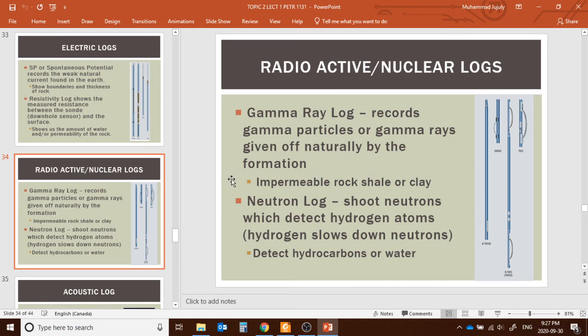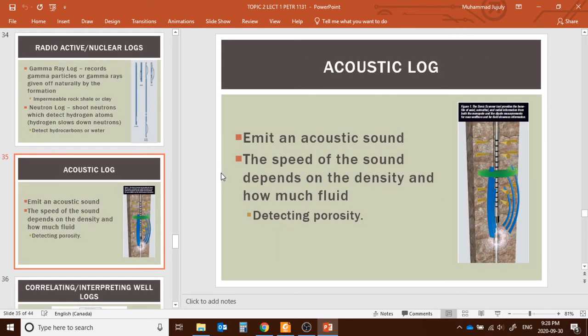What it does is shoot neutrons to detect the hydrogen atoms, because the hydrogen slows down the neutrons, okay. And from there we can get some idea whether there is any hydrocarbon or water in there, okay. If there is hydrocarbon, we'll have a different type of signal than that of water. So that's how we can detect the hydrocarbon from the neutron log, okay, remember that.